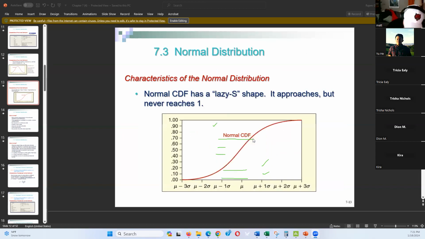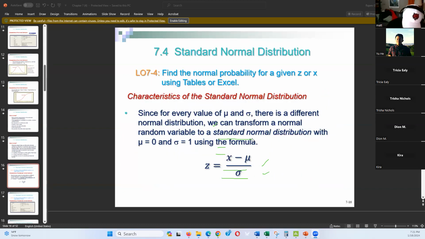This is normal distribution, and this is standard normal distribution. That means every value is subtracted from the mean and divided by the standard deviation. And standard means for every distribution mu equal to 0 and sigma equal to 1.